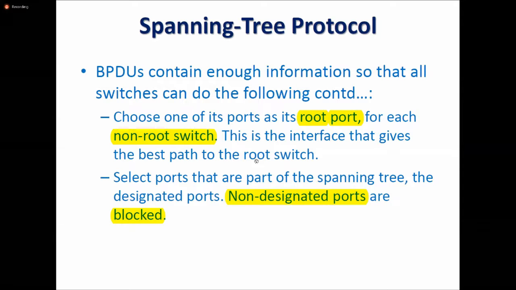So we pick one port as root port for each non-root switch. This thing happens for all the non-root switches. Other than the root bridge, the other switches have a root port. This is the interface that gives the best path to the root switch. So the root port provides the direction to the root switch.